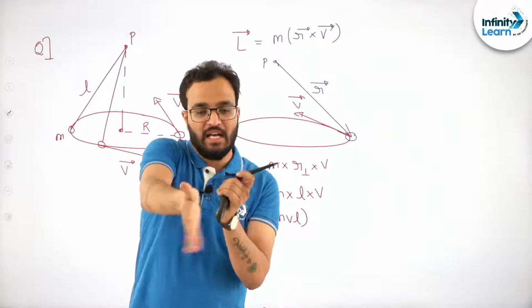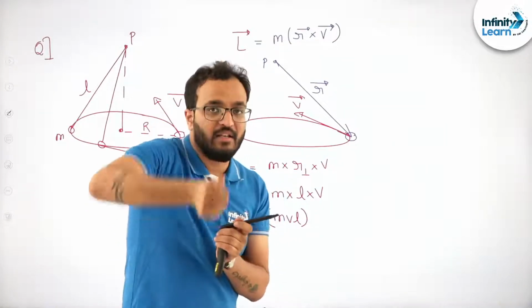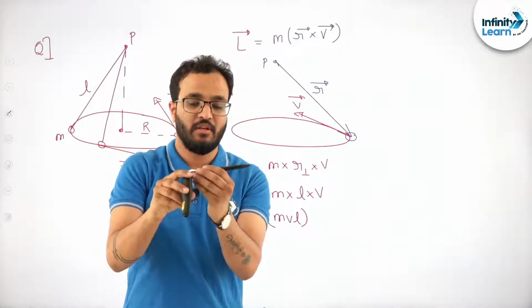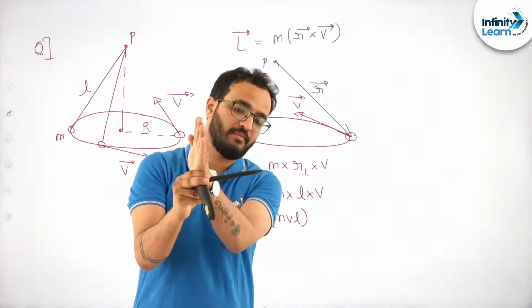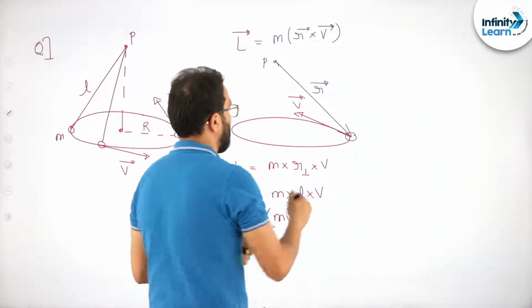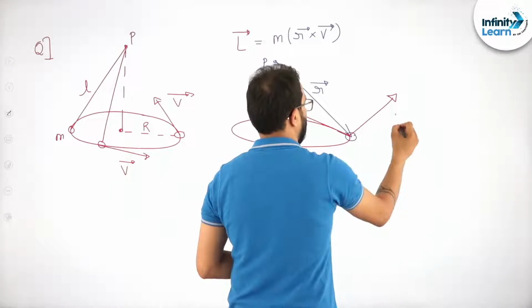So r cross v is coming in this direction, outwards. Can you see that? This is vector L.